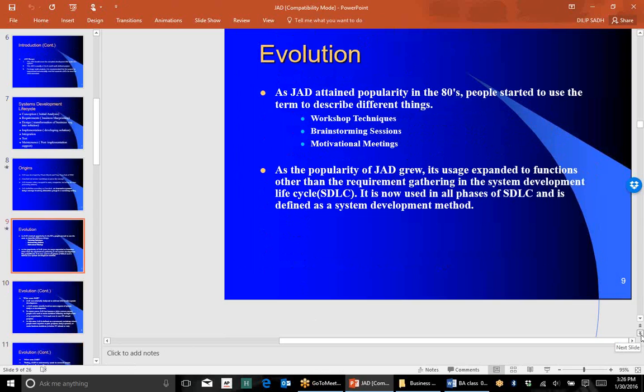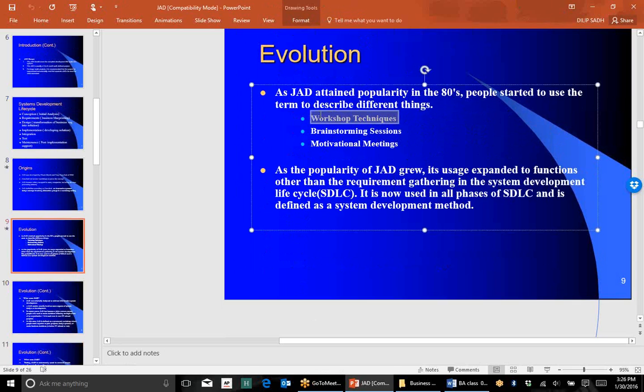Evolution. So JAD attained popularity in the 80s, where people started to use it for conducting workshops, for brainstorming sessions where you have certain ideas and you want to discuss those ideas, you want to promote those ideas, and also for motivational meetings.